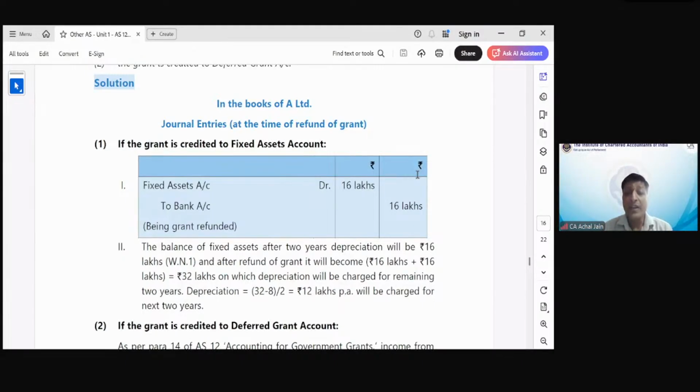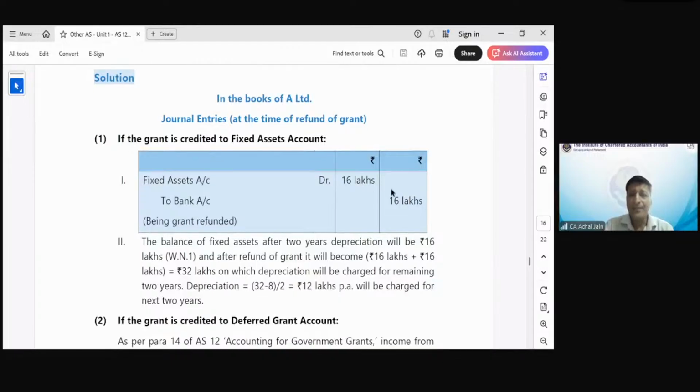So from 24, after depreciation, what do you do? So from 24, what do you have? So the balance of the fixed asset after 2 years depreciation will be 16 lakhs.